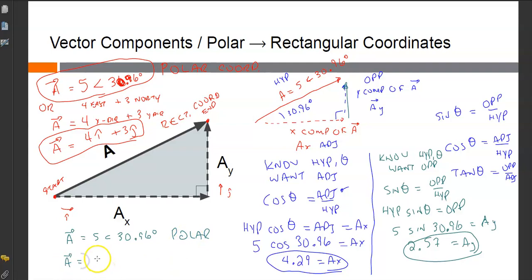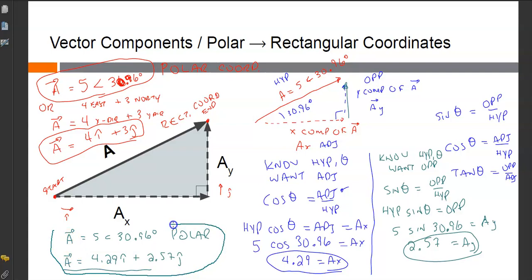So A is equal to 4.29 in the x direction, i hat, plus 2.57 j hat in the y direction. I found them over here, and I can just put them in. Either one of those will get me to the right place. You can see it's not a 3, 4, 5 triangle because I messed up and used the wrong number somewhere. But that is what we're trying to do with this thing right there.